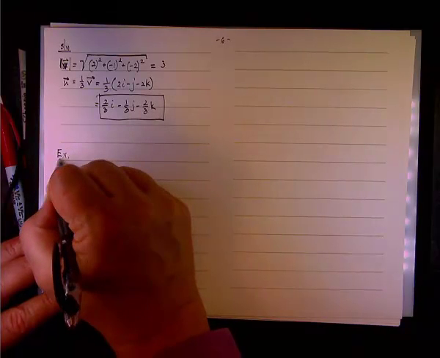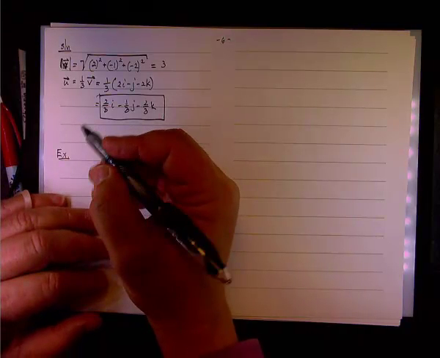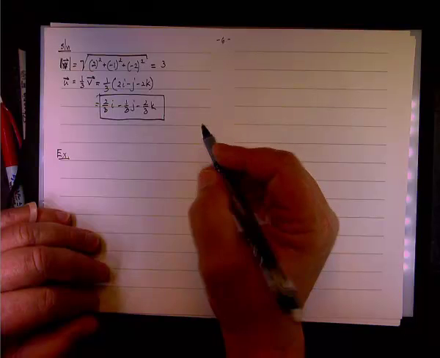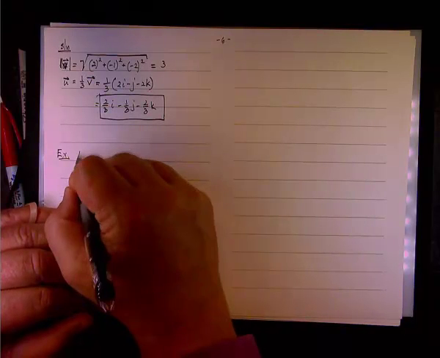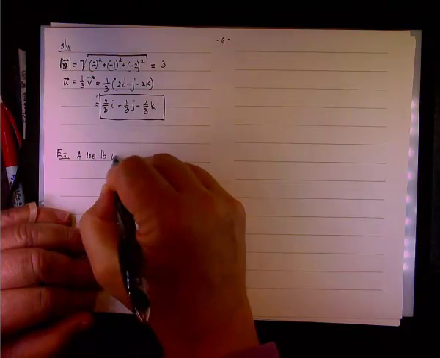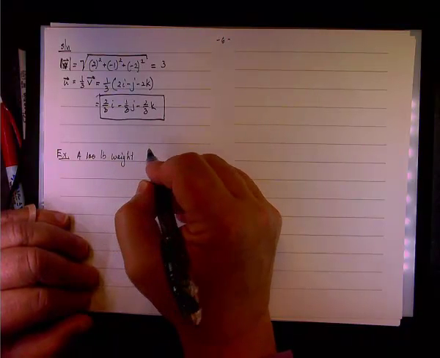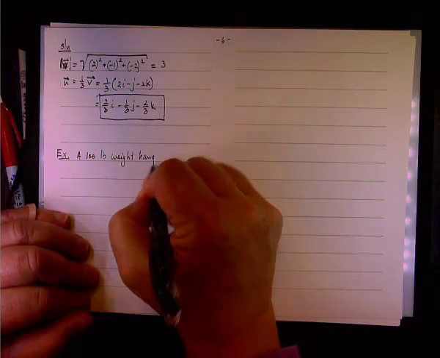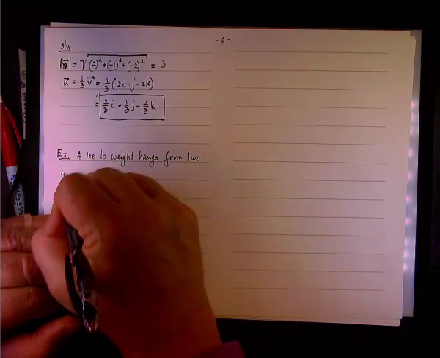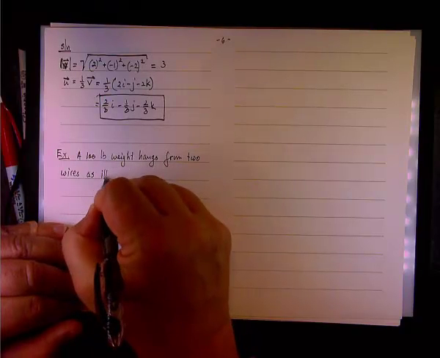The next example is an application of this, and probably you saw a similar example in physics. So you have a 100-pound weight hanging from two wires, as illustrated below.